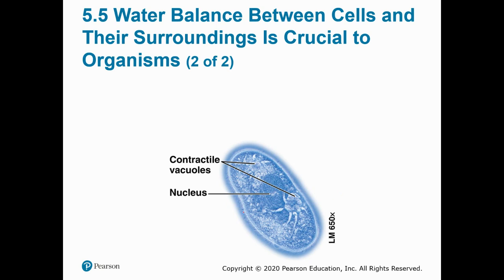Now let's give you a real life example. A little paramecium over here is a single cellular organism that just lives in fresh water. It's got a little contractile vacuole. What do you think that vacuole is doing? Is it making water go out, or is it making water go in? Is it drinking, or is it purging? What do you think?